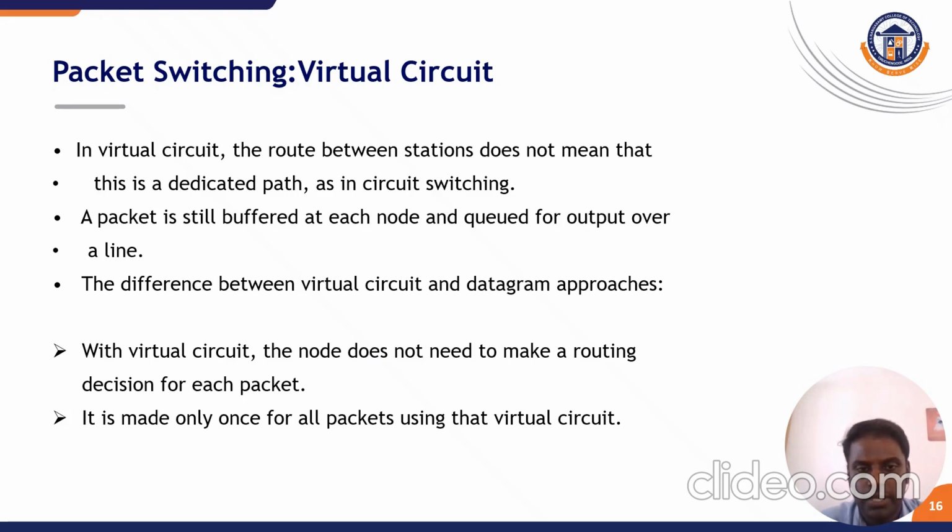While transferring data, if I have a dedicated link between the sender and receiver, we call it circuit switching, and it has its own advantages and disadvantages. While transferring data between the sender and receiver without any dedicated link, with the data transferred through different paths, it is called message switching. And the combination of message switching and circuit switching is called packet switching.